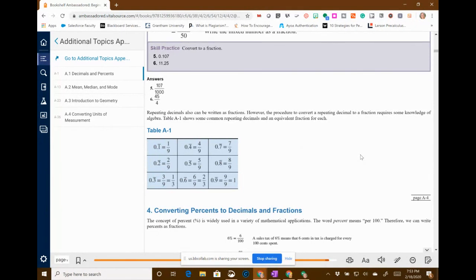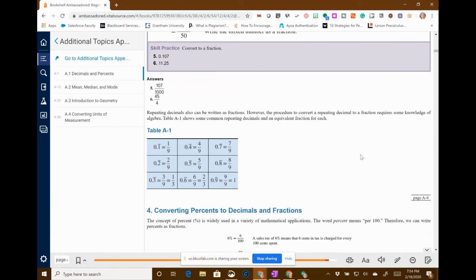So the line on top of a number means that number repeats forever. So 0.1 with that line on the 1 means that it's 0.11111 and it just goes on forever. That number, if you were to write it as a fraction, is 1/9. So it's just giving us those repeating decimals and what they would be as a fraction. That's what that table is giving.